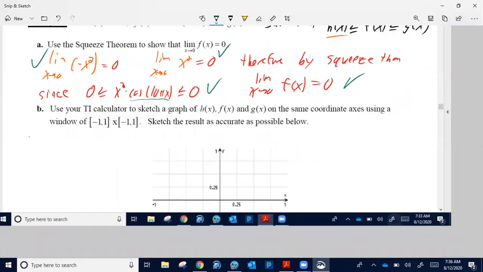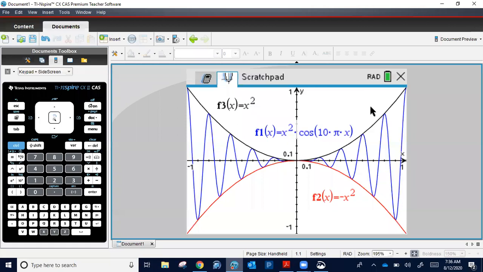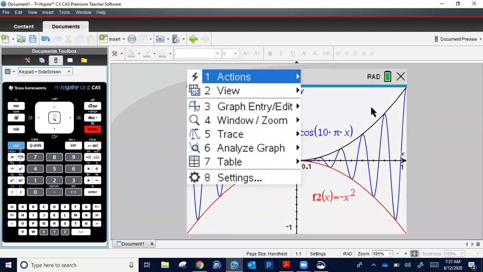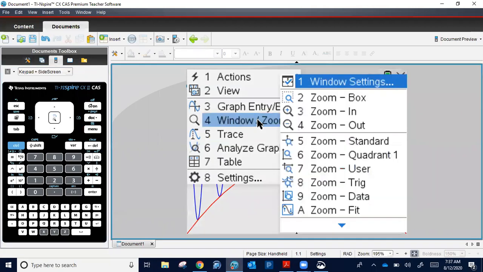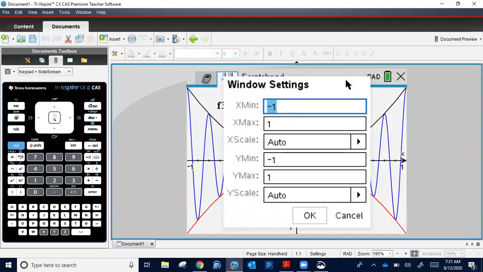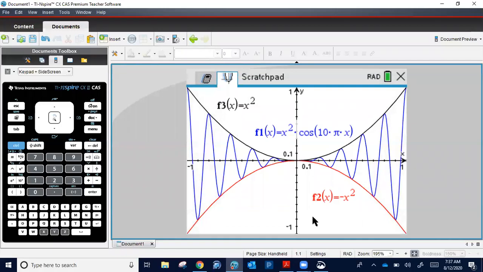If you graph these, you can clearly see what's going on. I recommend getting your calculator out, plugging these things in. I've done it already. I changed my window. On the window, I can go menu, window, window settings, and I typed in physically, I want -1 to +1 for the x-axis, -1 to +1 for the y-axis.